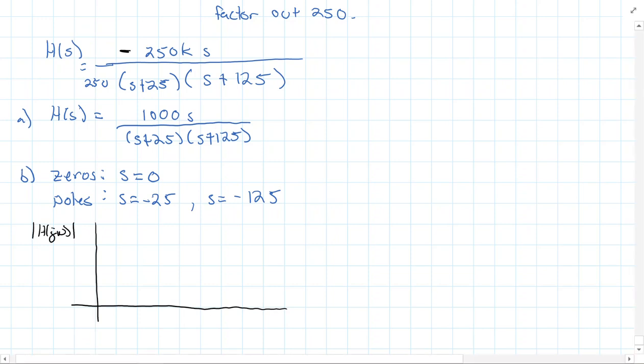We said that this is going to be a bandpass filter, so it's going to look something like this. That's what it's going to look like, except it should be flatter across here. And there's going to be these two cutoff frequencies. And this is omega.